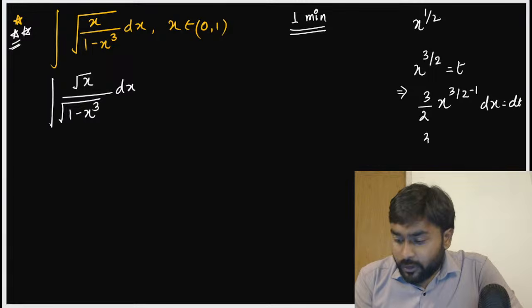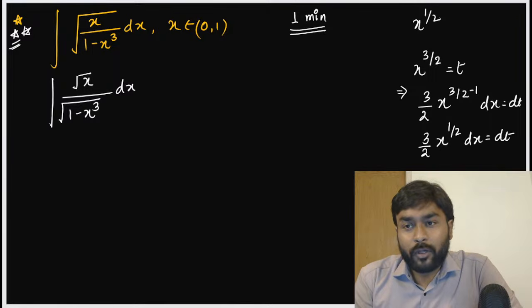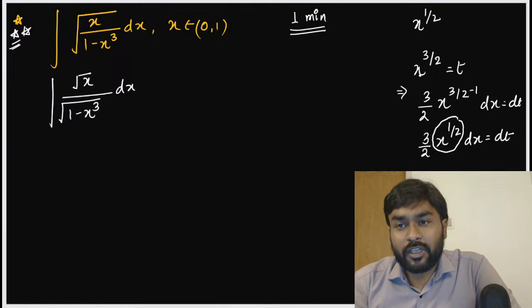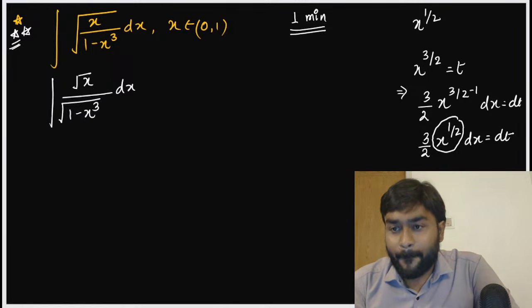So this will become 3 by 2 x power 1 by 2 dx will be dt. So if you consider x power 3 by 2 as t, then x power 1 by 2 is coming. Correct? So we have to generate x power 3 by 2 here.